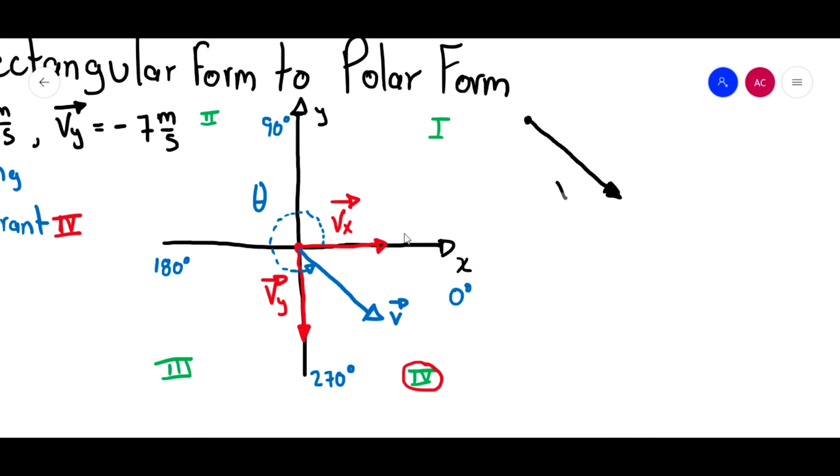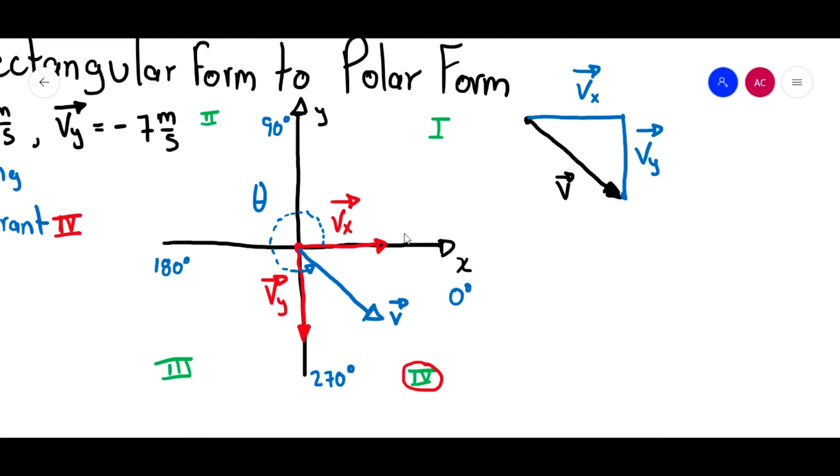This is the b vector. This is the x component, bx, and this is by.